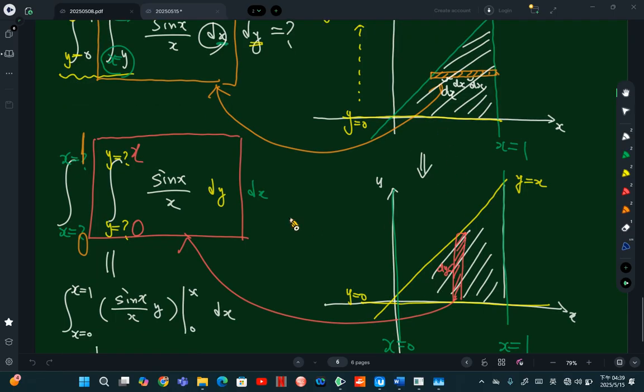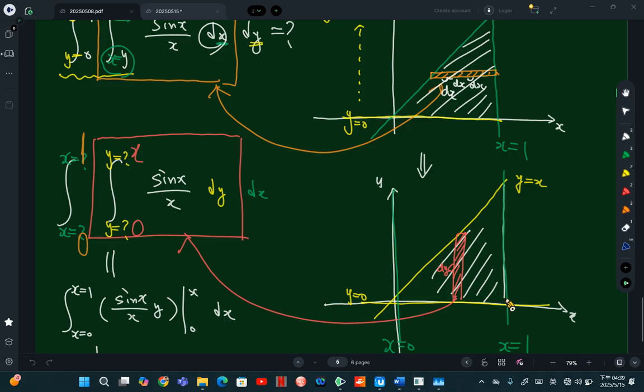This time we will go for the y direction first. If we go for the y direction first, you follow the vertical line first. You can see dy means a small portion in the y direction times the function value.